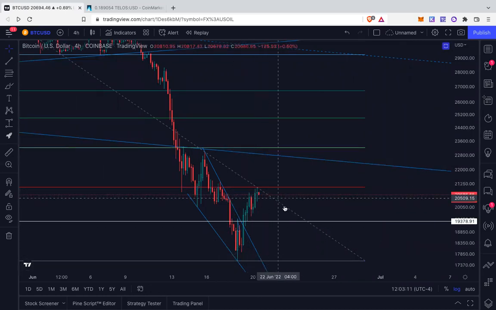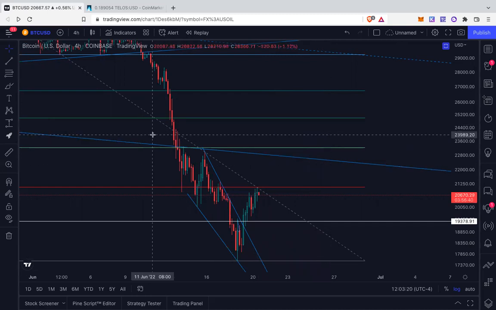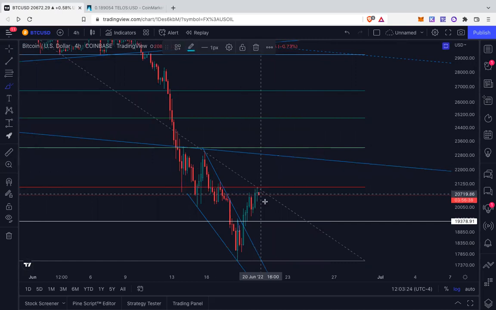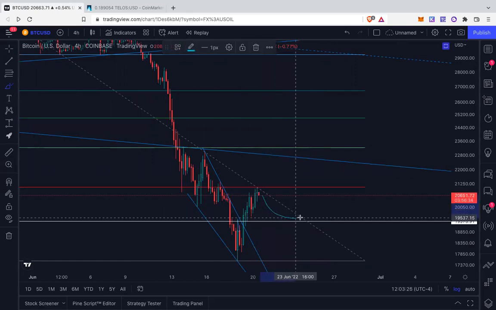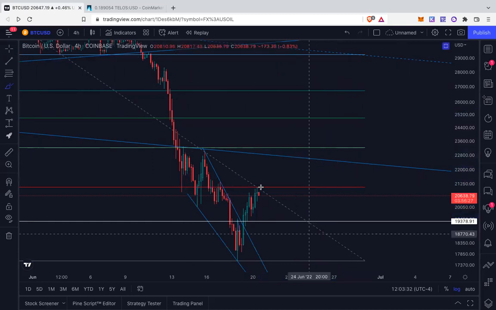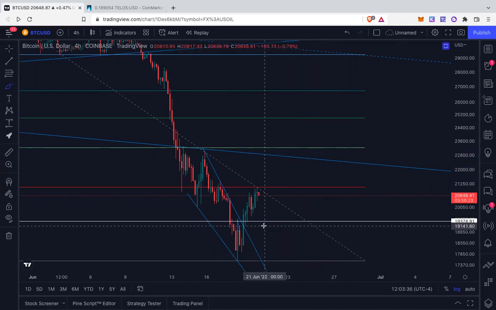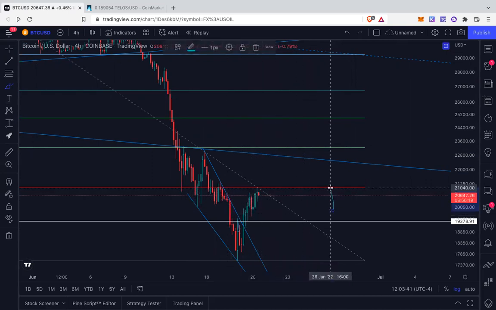So you could consolidate maybe, and then make a higher low, and then run to the upside again. So do something like sell off a little bit, backtest this as support, and then start hitting these upper fibs. That's typically what happens when you have these type of sell-offs.